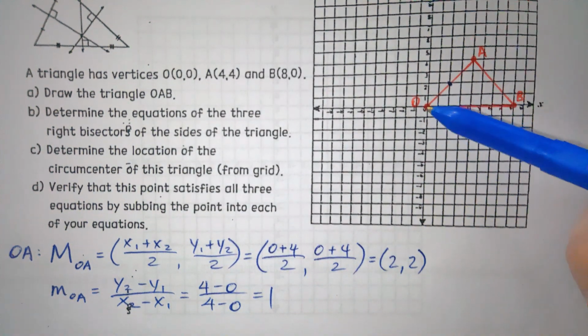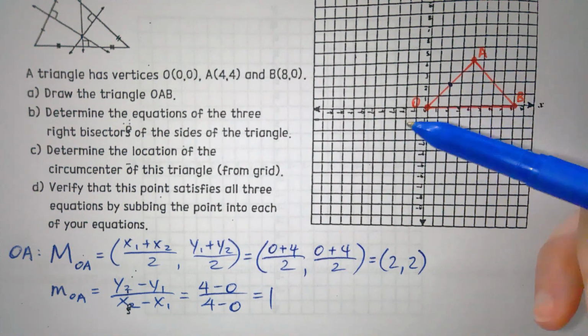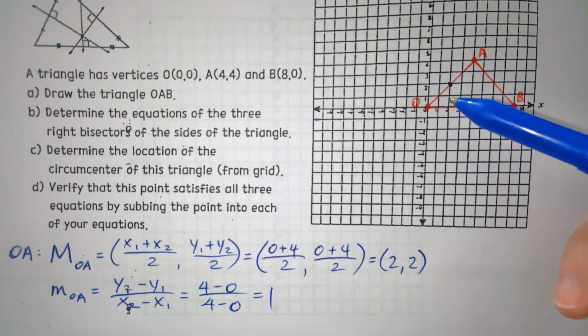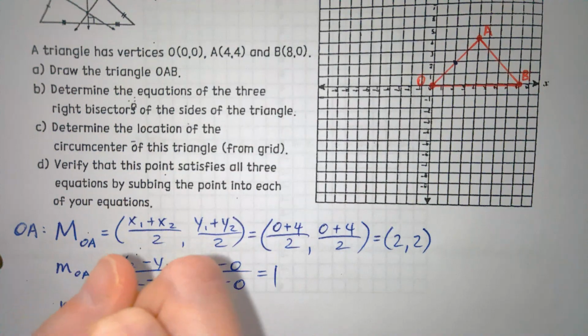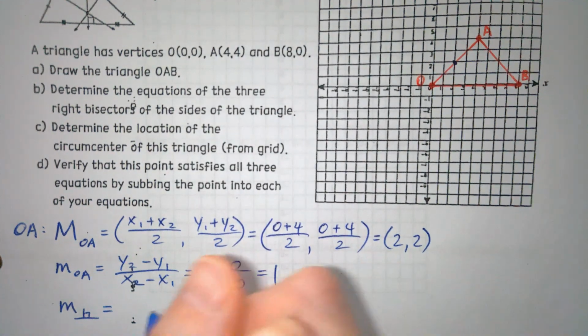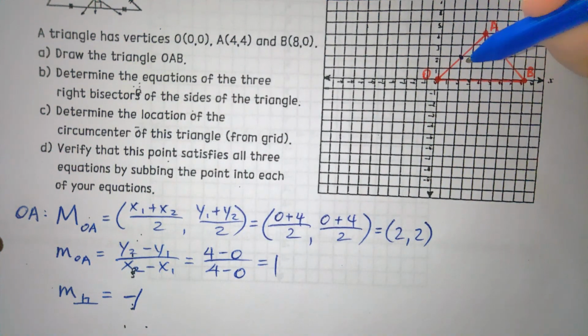So the slope of this line is 1, but I don't want the slope of this line. What do I want the slope of? The right bisector, so the negative reciprocal slope, the perpendicular slope. So negative reciprocal, so -1.